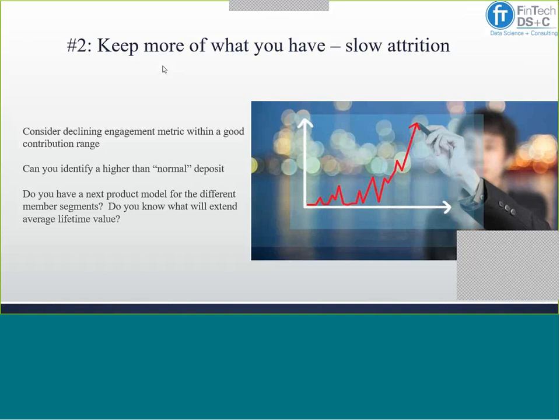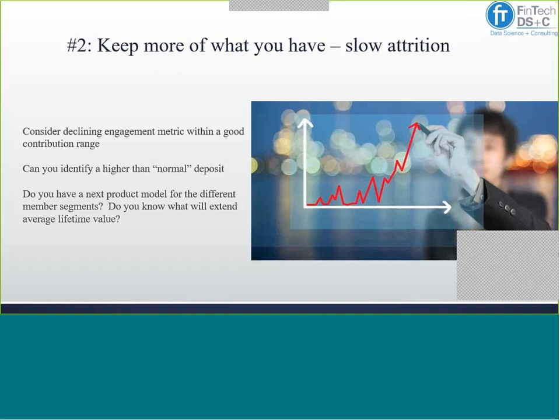But also, if I look within my best member contribution segments, then I look at the engagement algorithm, I can see where, if I increase engagement, I can extend that average life by getting them to use more retentive or sticky products and services.